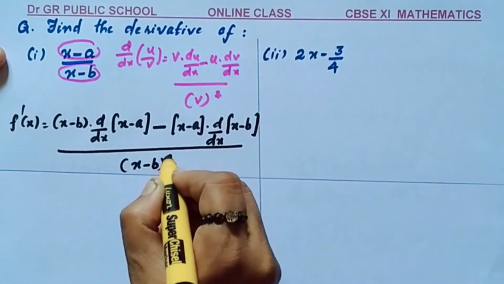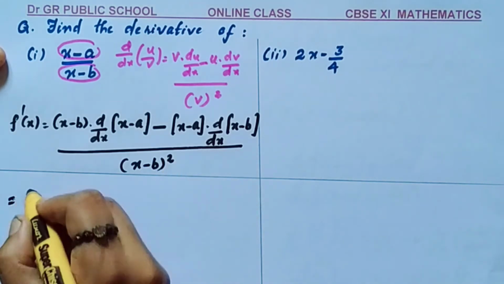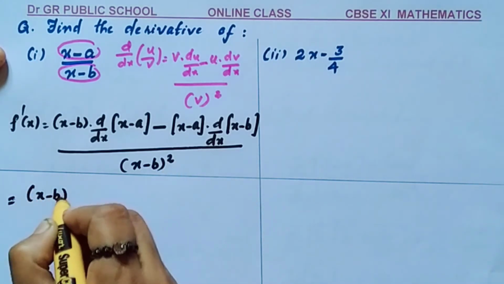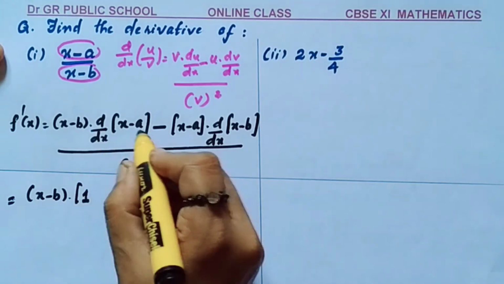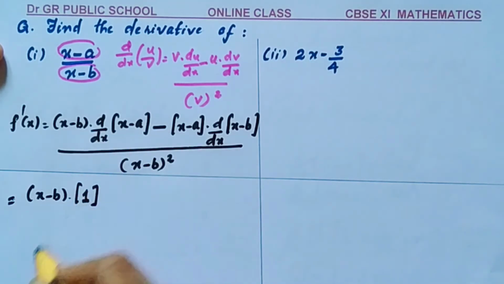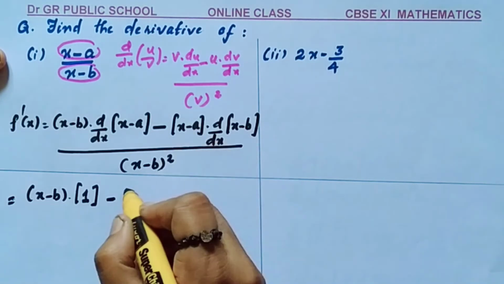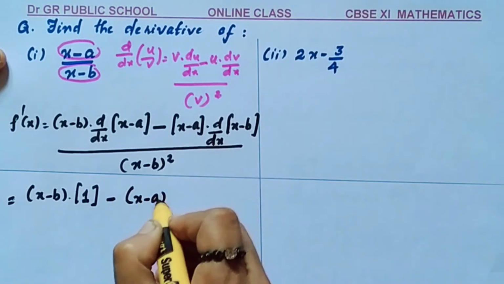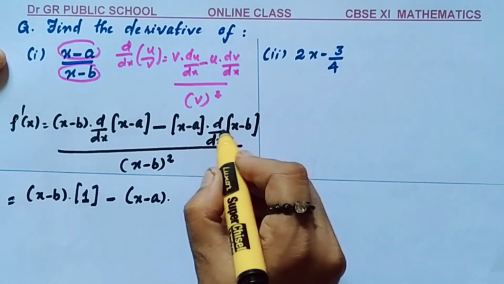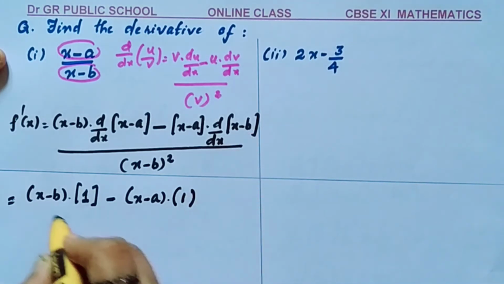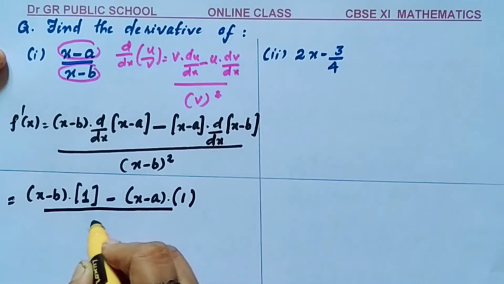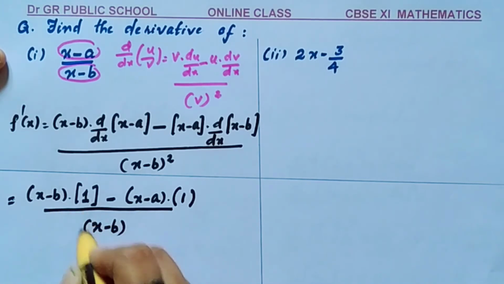This we need to find, which equals x minus b into the derivative of x, 1, the derivative of a is a constant, 0, minus x minus a into, again, the derivative of x, a linear function, 1, minus b is a constant, derivative 0, the whole divided by x minus b the whole square.